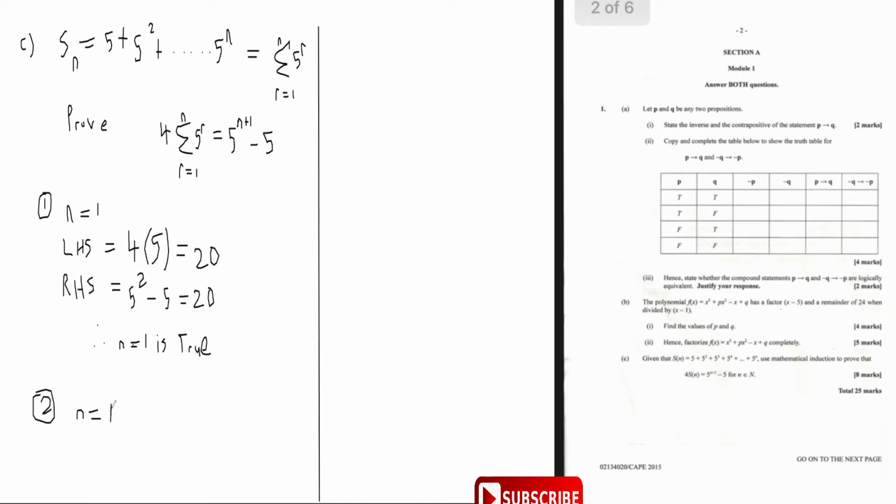When n is equal to k, what we're getting is 4 times the sum from r equal 1 to k, because n is now k, of 5 to the r. And that is going to be equal to 5 to the k plus 1 minus 5.